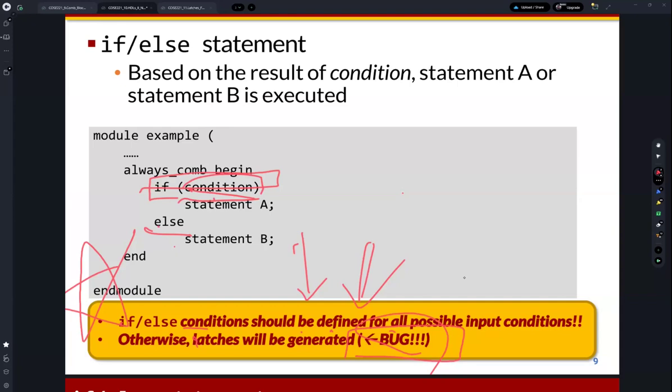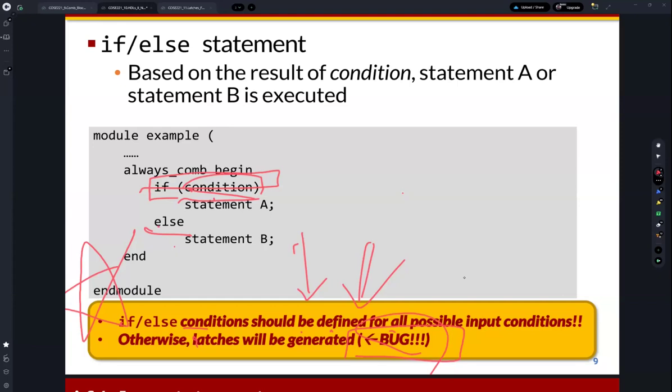If not, then a latch will be generated. And I said this is a bug. Okay, so we need to avoid bugs. It's very critical for software design, and also very critical for hardware design. But for hardware design, a bug is extremely more critical, right?